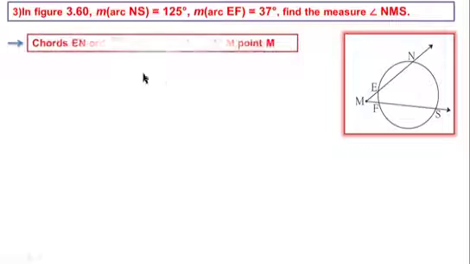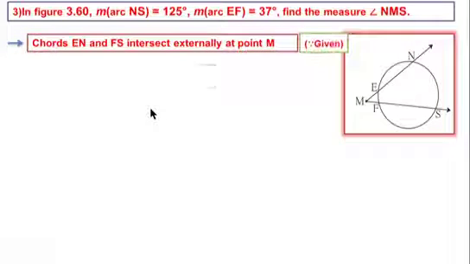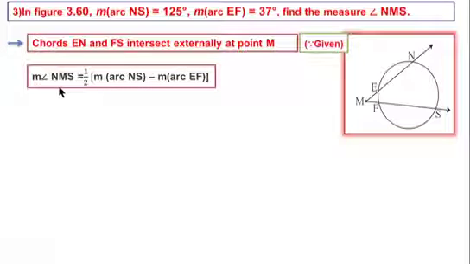Solution. Chords EN and FS intersect externally at point M. Given, measure of angle NMS is equal to 1/2 measure of arc NS minus measure of arc EF.